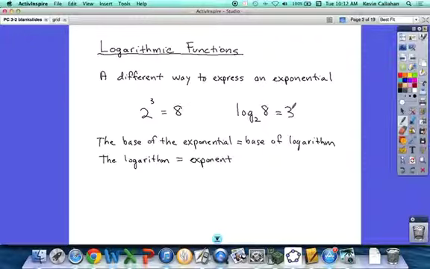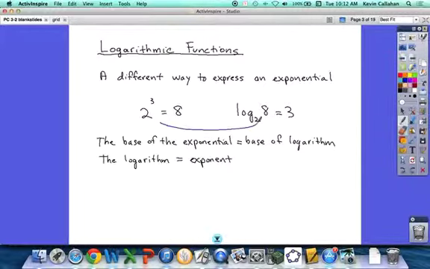So notice that there's this number right here that comes after the logarithm. That's the base of the logarithm. It's a subscript. It's a little bit smaller and it's written down a little bit. That's the base of the logarithm. So the base of the logarithm is the same thing as the base of the exponential, right?